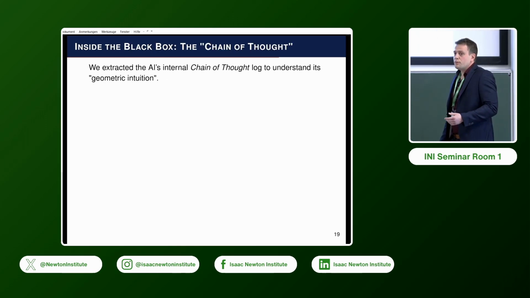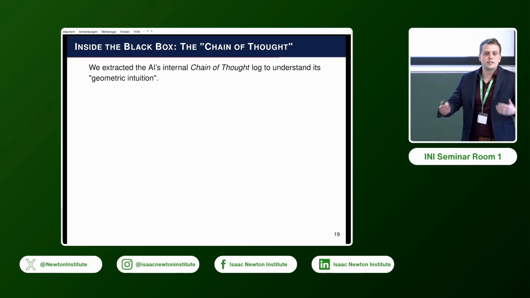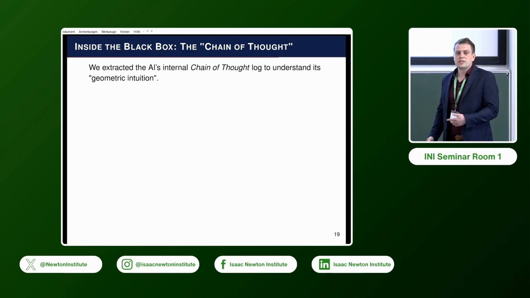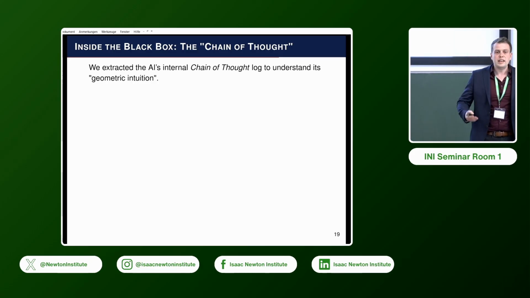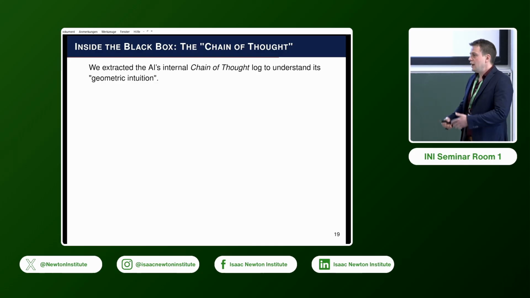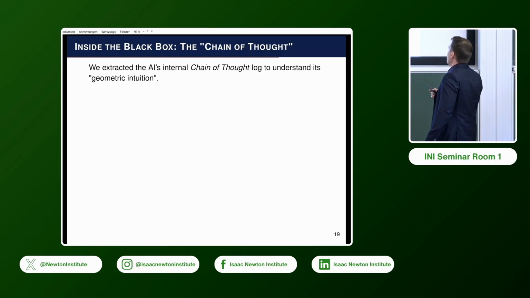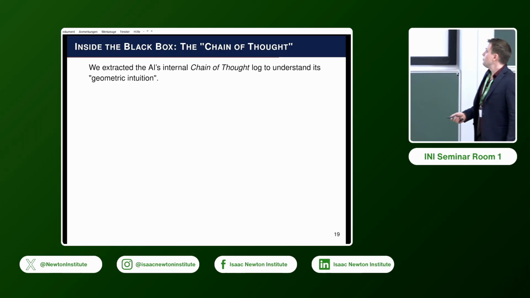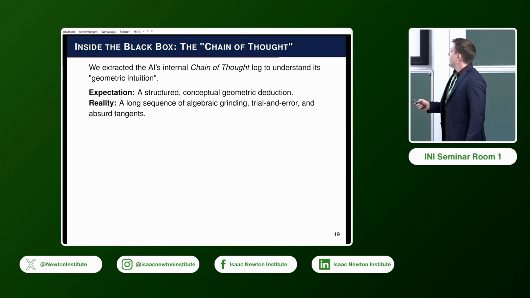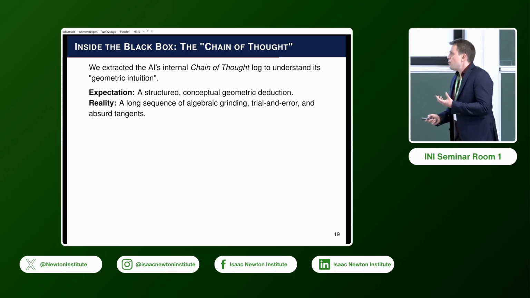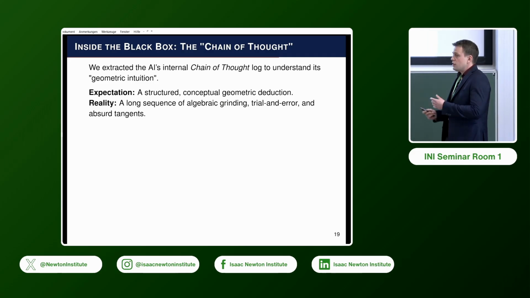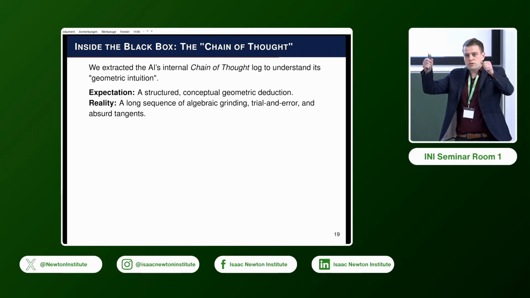So we dug a bit deeper in order to truly understand what the model did and what the geometric idea was behind this. We had a look into the chain of thought log, and we expected a quite structured, conceptual idea of what it's trying to do next.